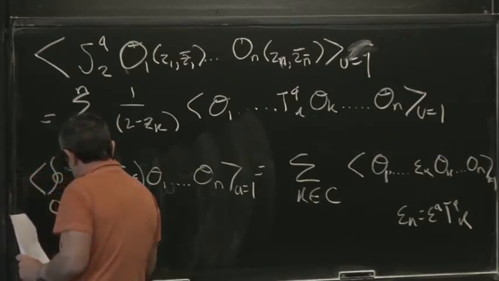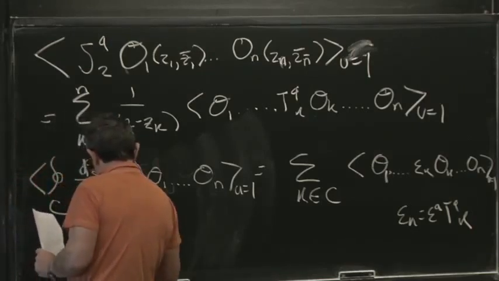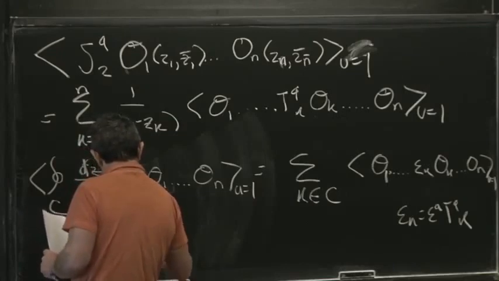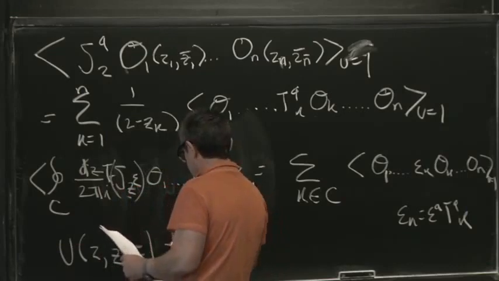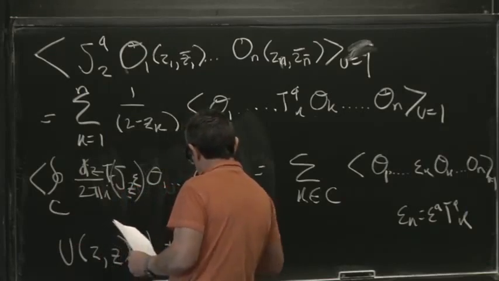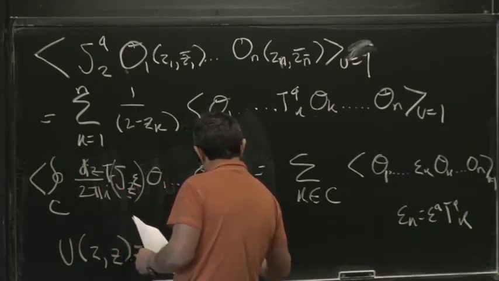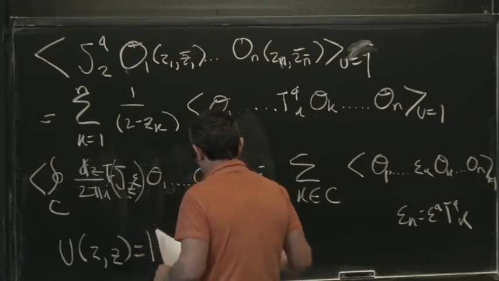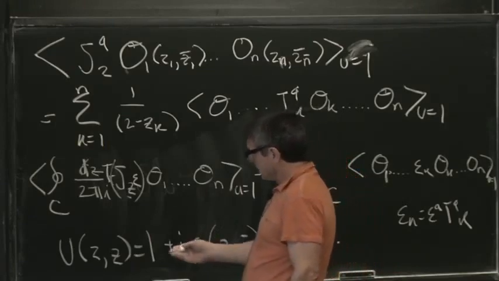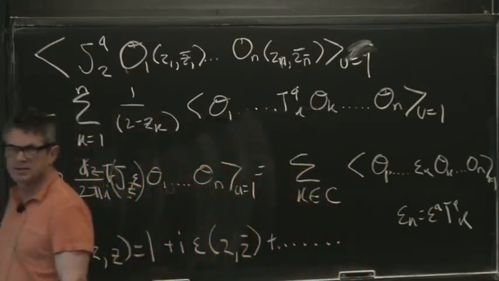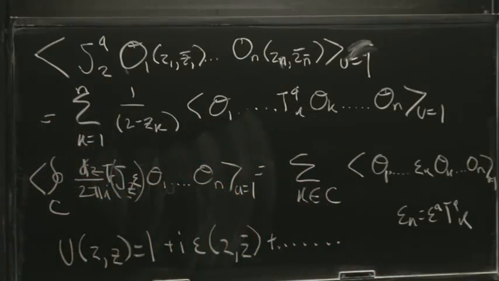Now let's consider what happens if this u is 1 plus iε. In general, we can consider any flat connection on the sphere. So the connection will be A_z = u⁻¹ ∂_z u.